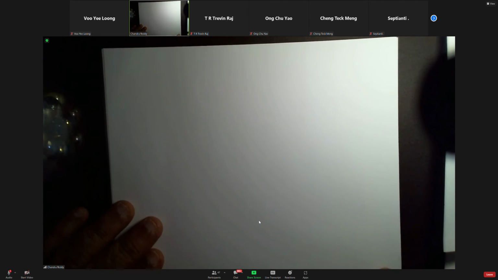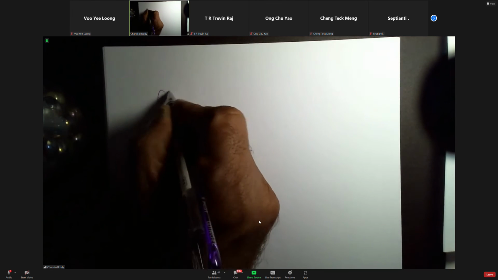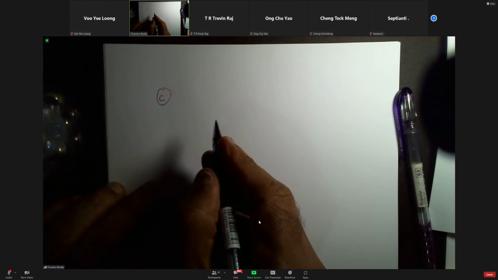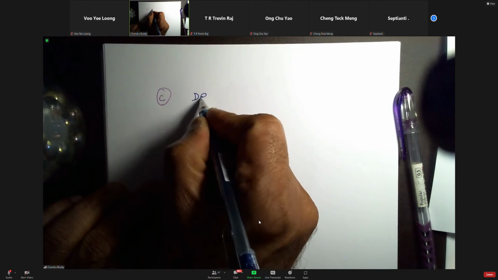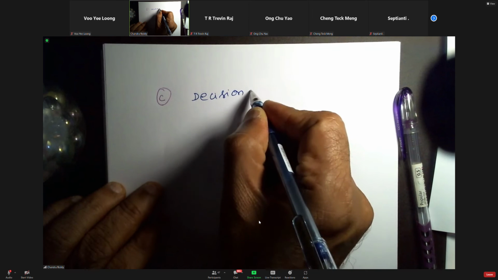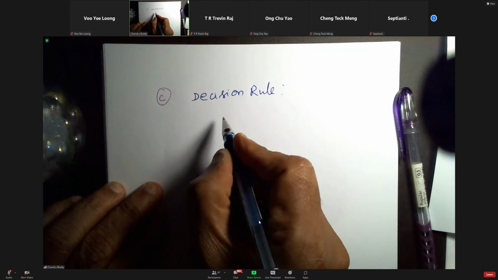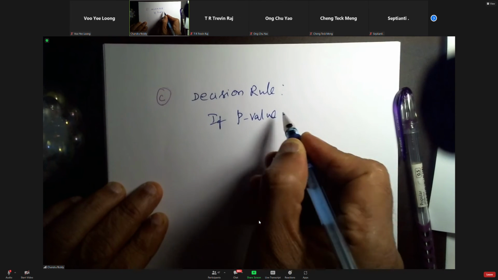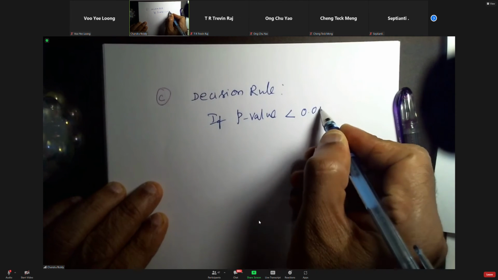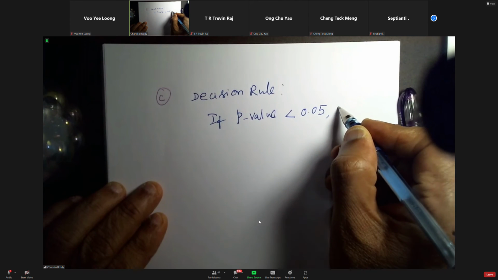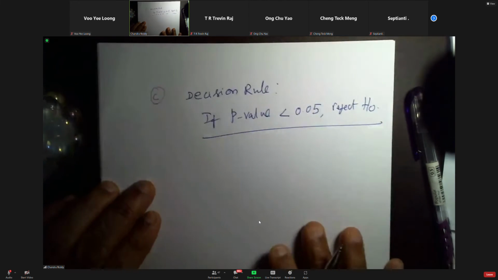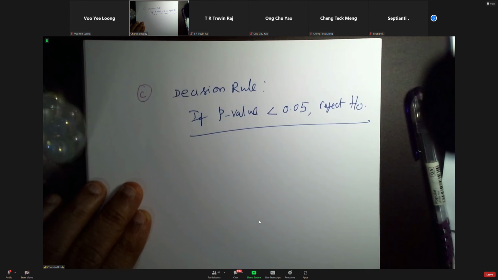The decision rule is: if the p-value is less than 0.05, reject the null hypothesis. This is the decision rule for the probability approach.